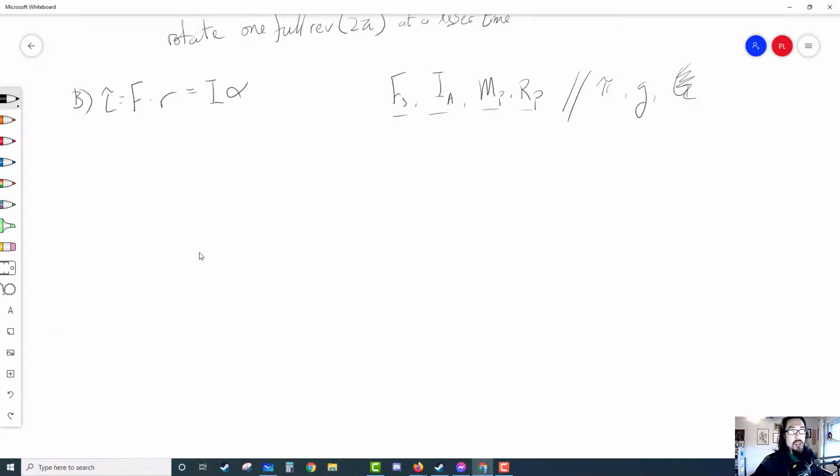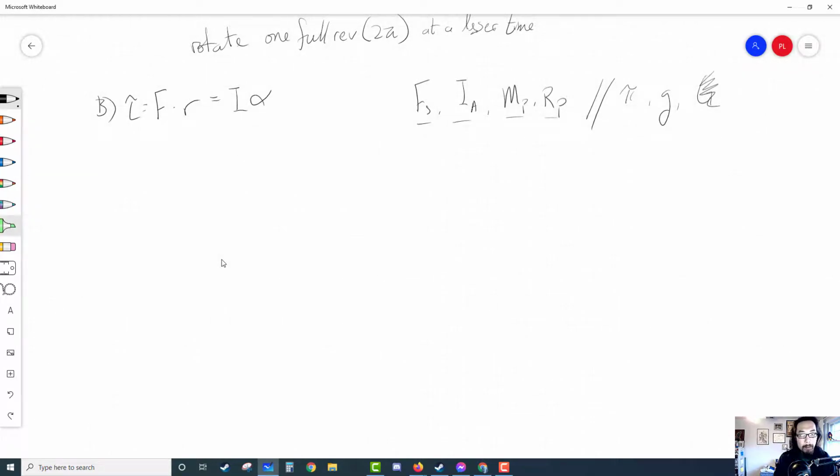So in order to solve for this, I take a look at the list of variables that they gave us, and I have to think, all right, if I'm given these variables, I also know a couple of things. It makes one full revolution, so they're basically telling us theta final. Theta initial is 0, and theta final is 2 pi. They told us this within the prompt.